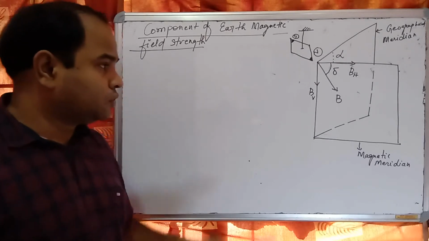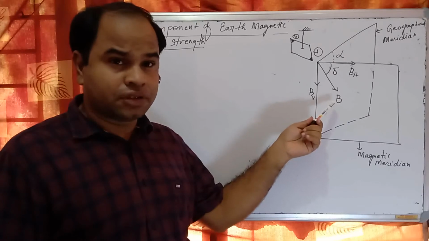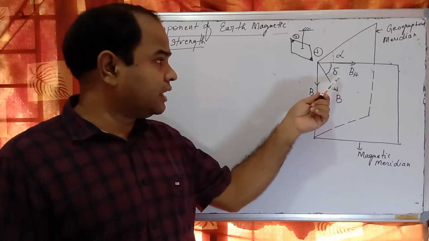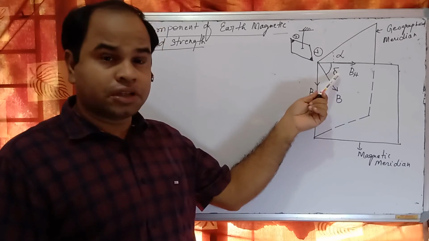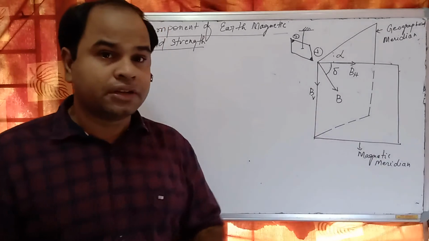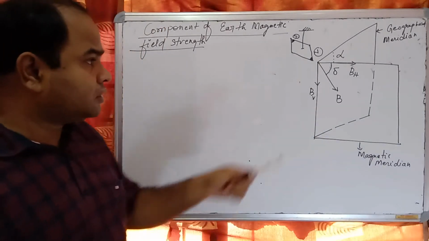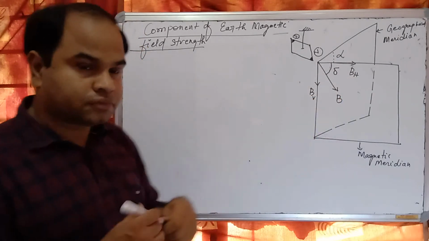Next is the components of earth magnetic field strength. The net magnetic field strength of this earth magnet is making an angle delta with the horizontal direction of the magnetic meridian. So it will have two components. One is the horizontal component, second is the vertical component.